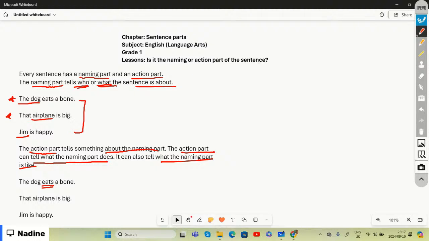It's not telling us what the airplane is doing, but it's telling us what the airplane is like. So big tells us what the airplane is like.